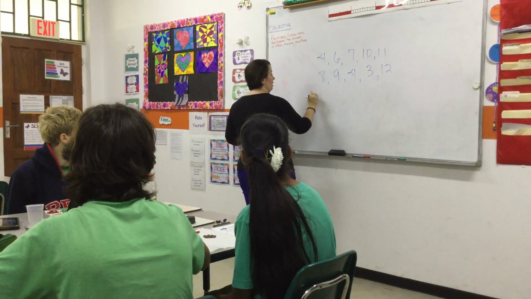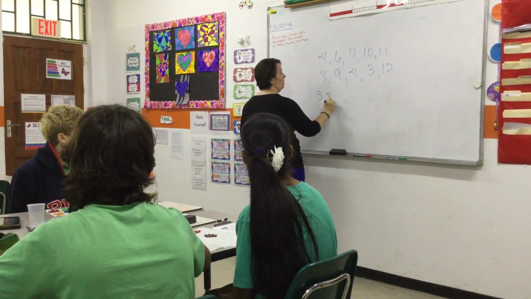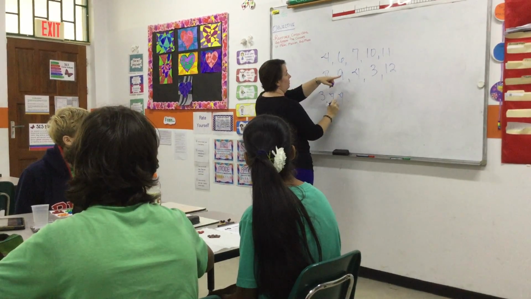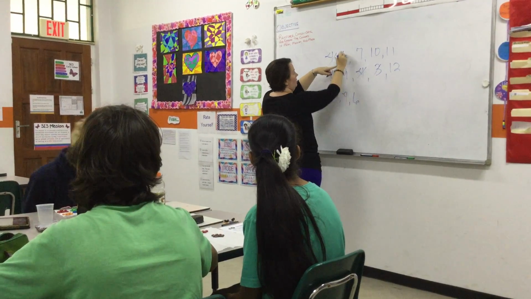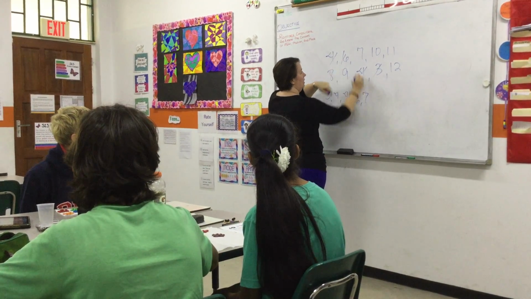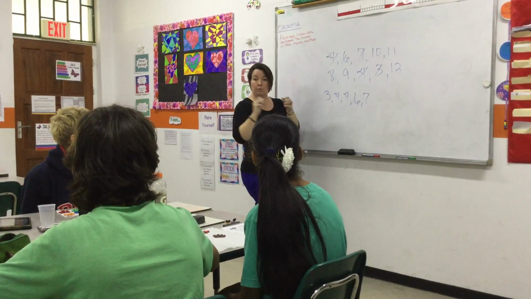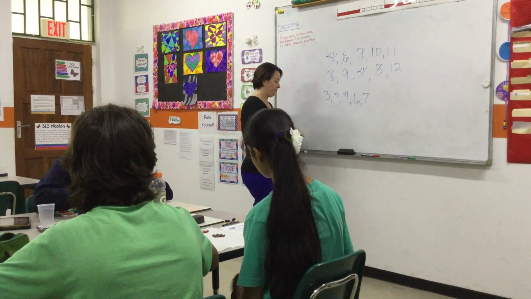So in this case, it would be 3, then 4, then 4 again, then 6, 7, and so on, right? So do that now on number 1.